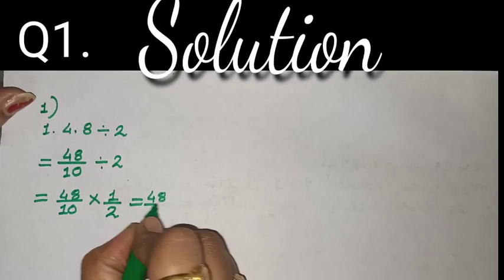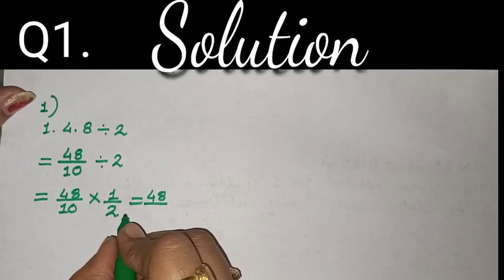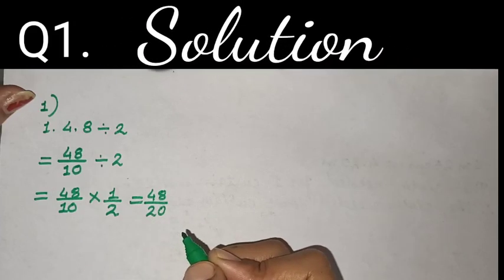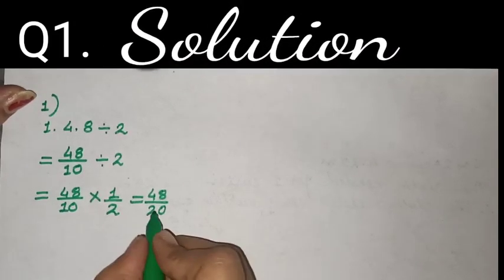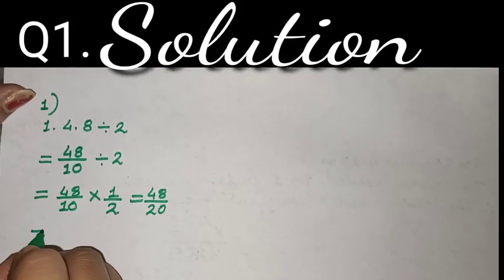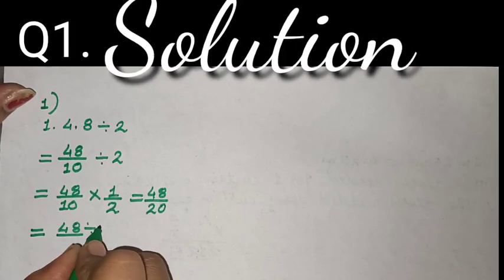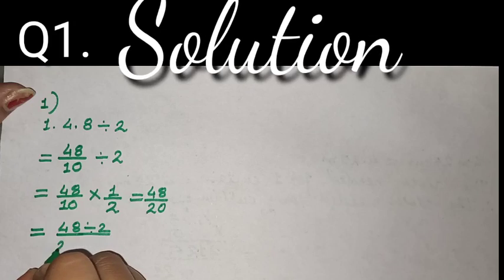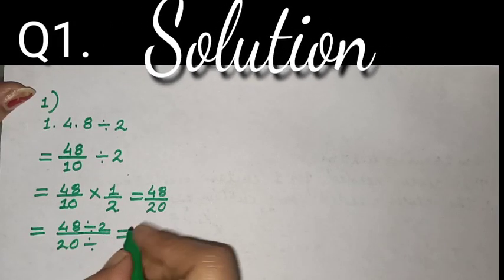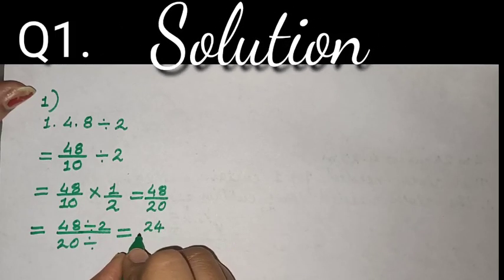48 upon 20. So let us divide it. It will be divided with 2, right? 48 divided by 2. 2 2s are 4 and 2 4s are 8.